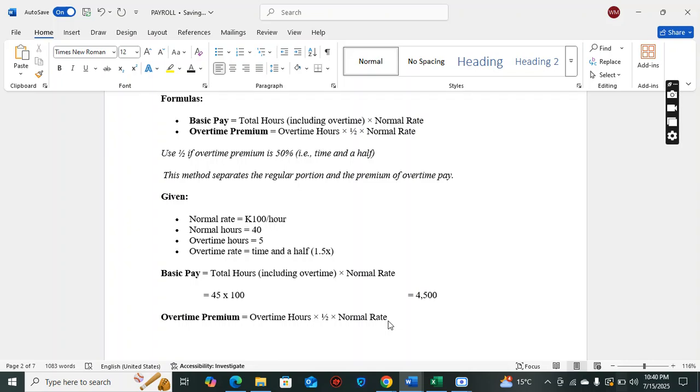So overtime hours, 5 hours, times half, times the normal rate, which is 100 kwacha. Five times half is 2.5. 2.5 times 100, 250.